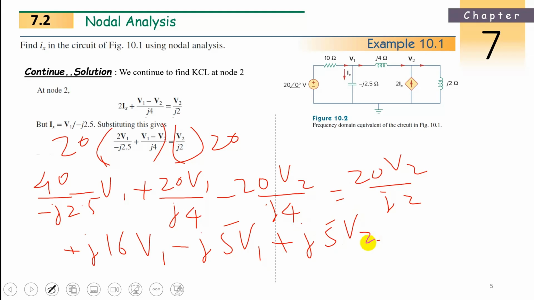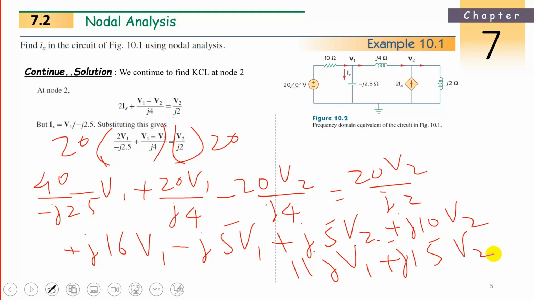Now I take this V2 to this side, so it becomes plus 10 j V2, because 20 divided by 2. Now just sum: 16 minus 5, how much? 11. So 11 j V1, and V2 plus 10 plus 5, because all are plus, 15. That is j15 V2. So this is equal to 0.